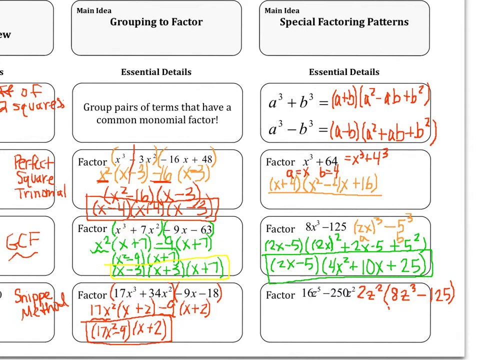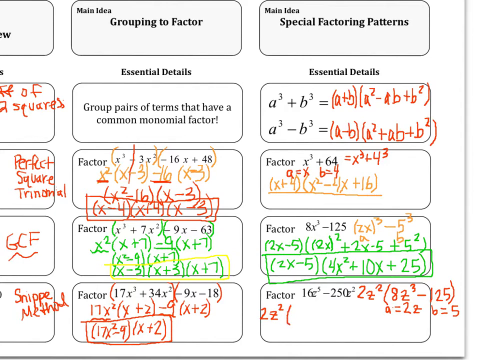So really in this case, my a right here is 2z, and my b is 5, and they're subtracted, so I'm going to follow the second pattern. So to factor this, I need to keep my 2z squared on the outside. I'm using the second pattern, so it's a to the third minus b to the third.